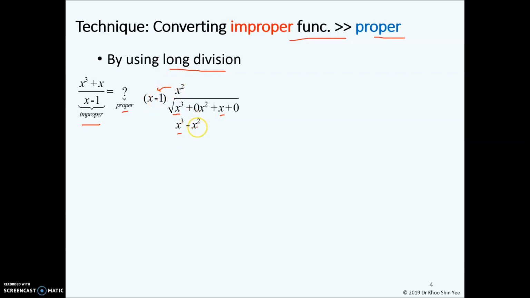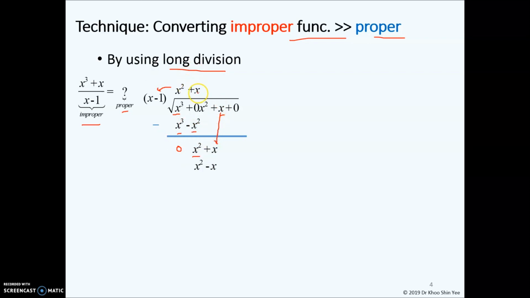X squared multiply negative 1, you get this. And then you have to minus the term here. So x to the power of 3 becomes 0 when you minus it. And then this one minus, you get positive x squared. So the x remains.